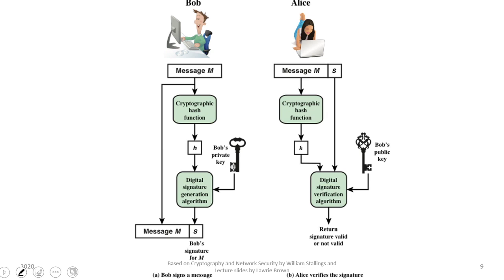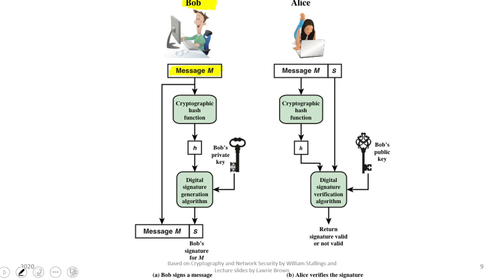So, if we briefly think about an example of how we may use a digital signature in practice, let's start with an example where Bob wants to send a message to Alice, but they also want to sign the message. So the message is produced.